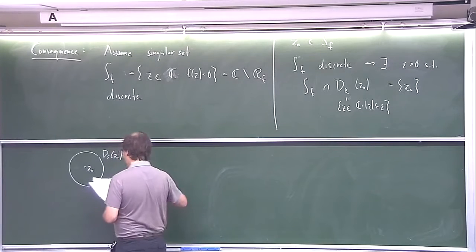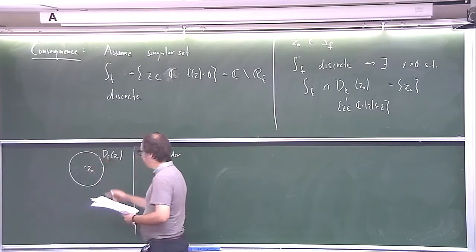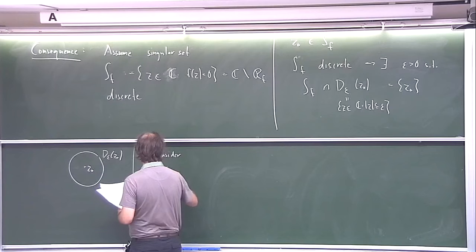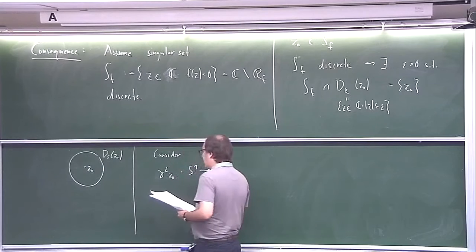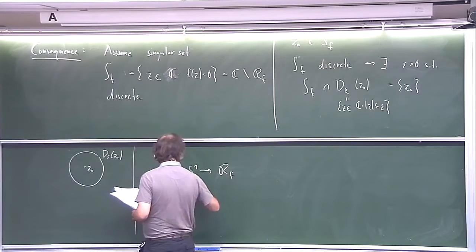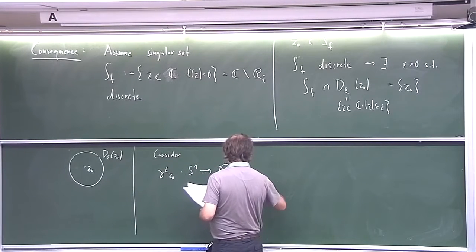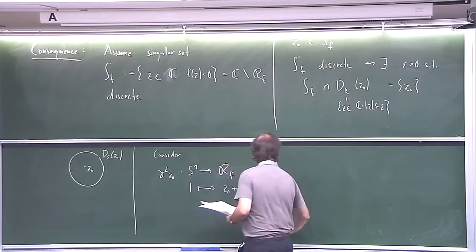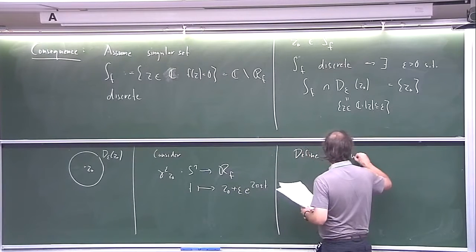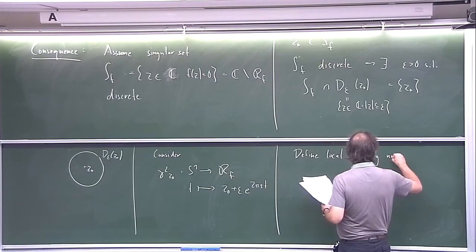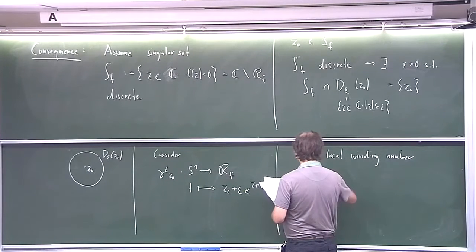Now, we just go around the boundary of this epsilon ball, so consider gamma epsilon of Z0, S1 to the regular set, t goes to Z0 plus epsilon e to the 2 pi i t, and then define the local winding number W_Z0 of f.